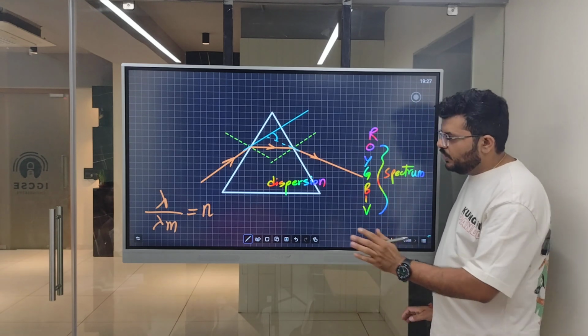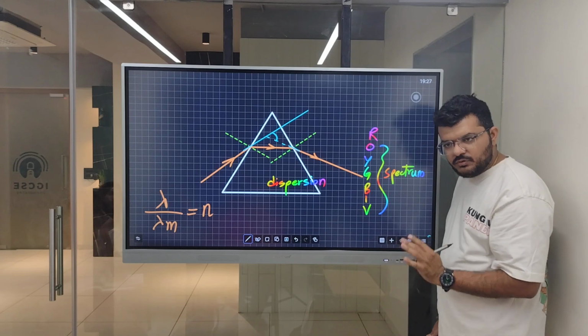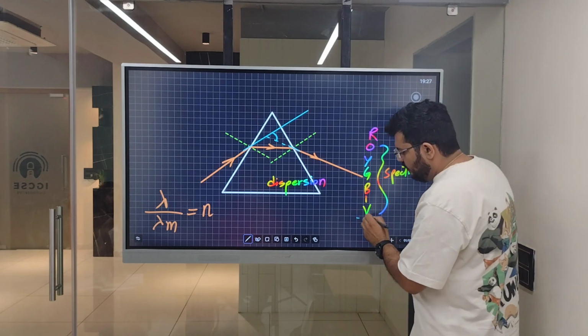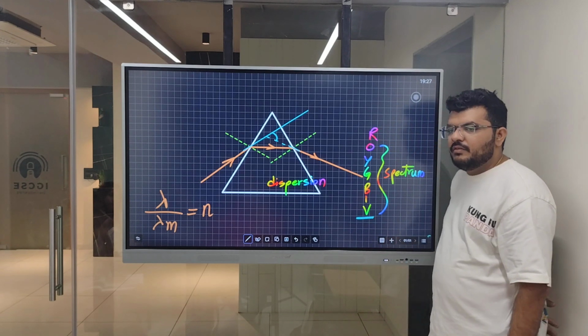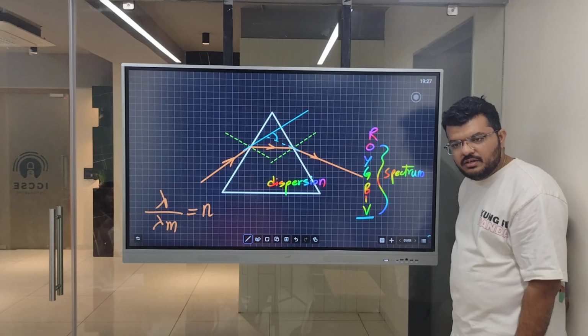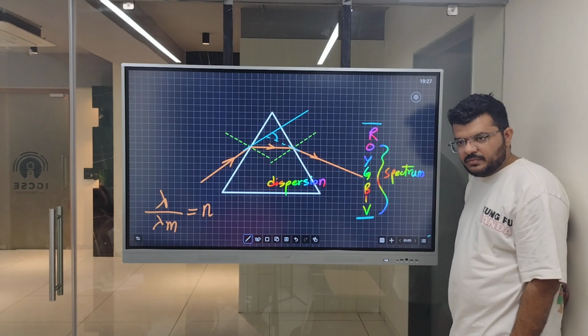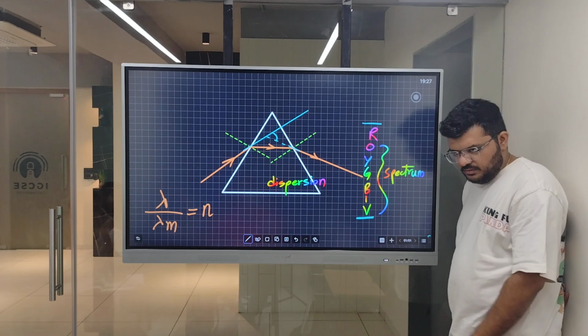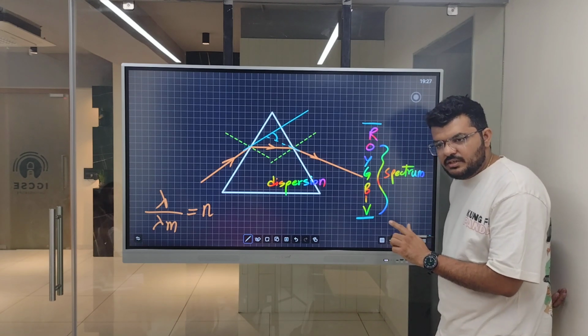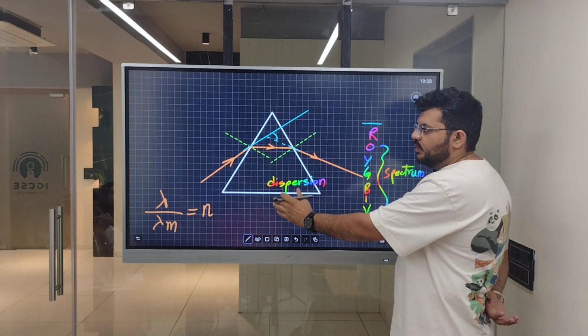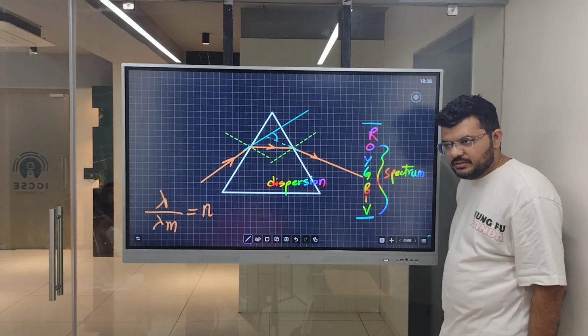If now you understand bending of light, and deviation of light, what will you say? You will say that the violet light deviates the most and the red light deviates the least. Why does it disperse? Because the light is deviating.